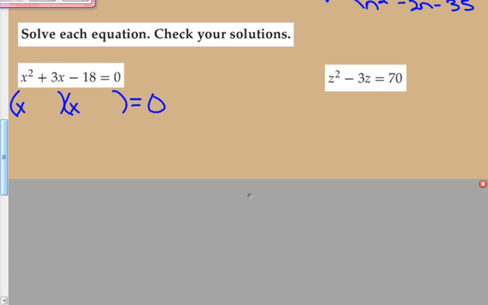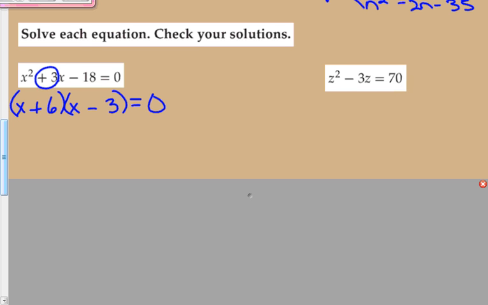This means I'll have to subtract to get 3. 6 and 3 make 18. So we'll have a 6 and a 3. But when you subtract them, the bigger number is positive because of the middle term here. So that makes our 6 positive and our 3 negative. And that is very important. If you made the 3 positive and the 6 negative, you'd have this completely wrong.